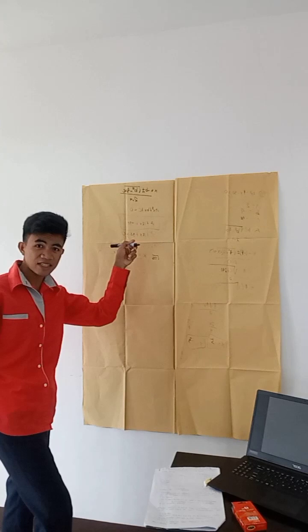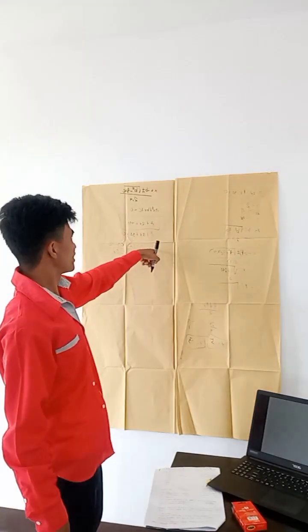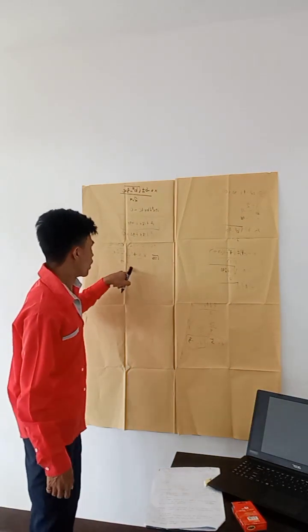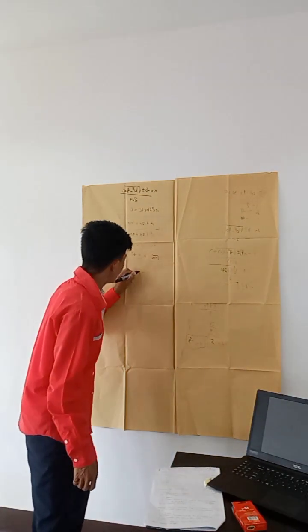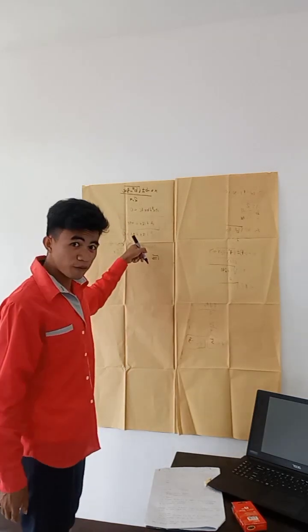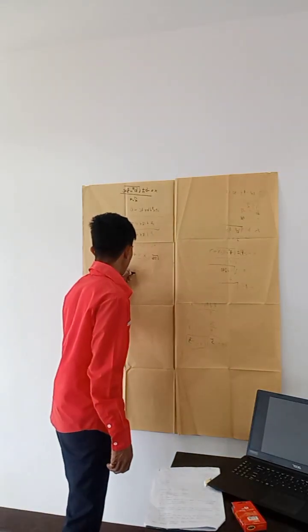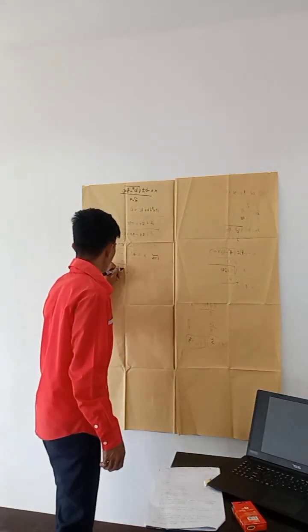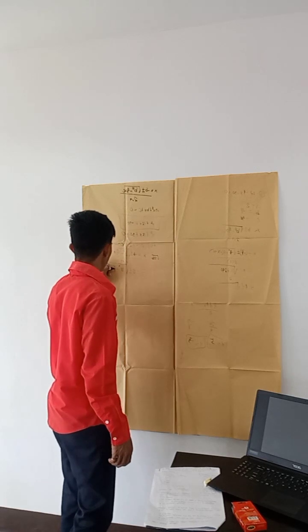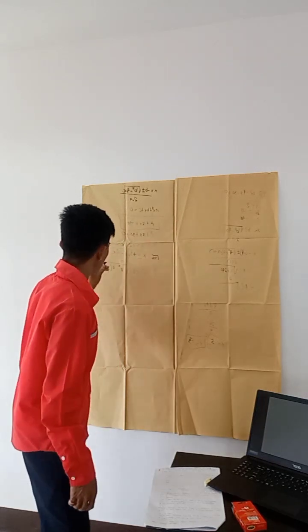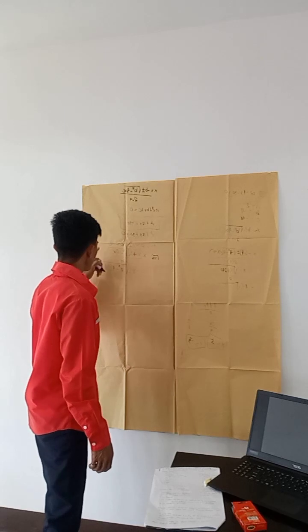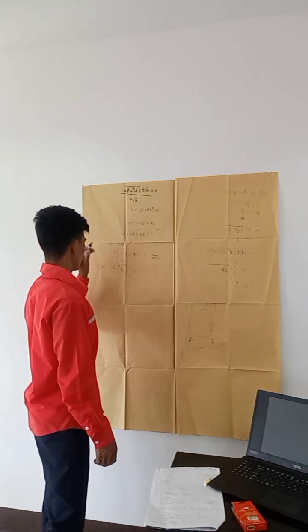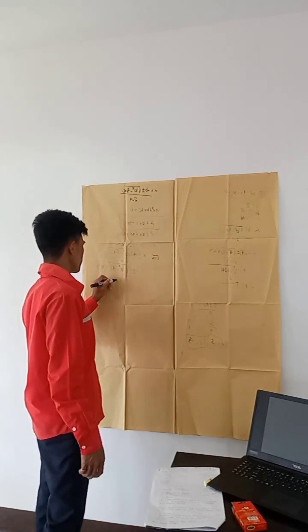We're going to substitute the values of a, b, and c into the formula. Negative 12 plus or minus the square root of 12 squared minus 4 times 1 times 32, all over 2 times 1.